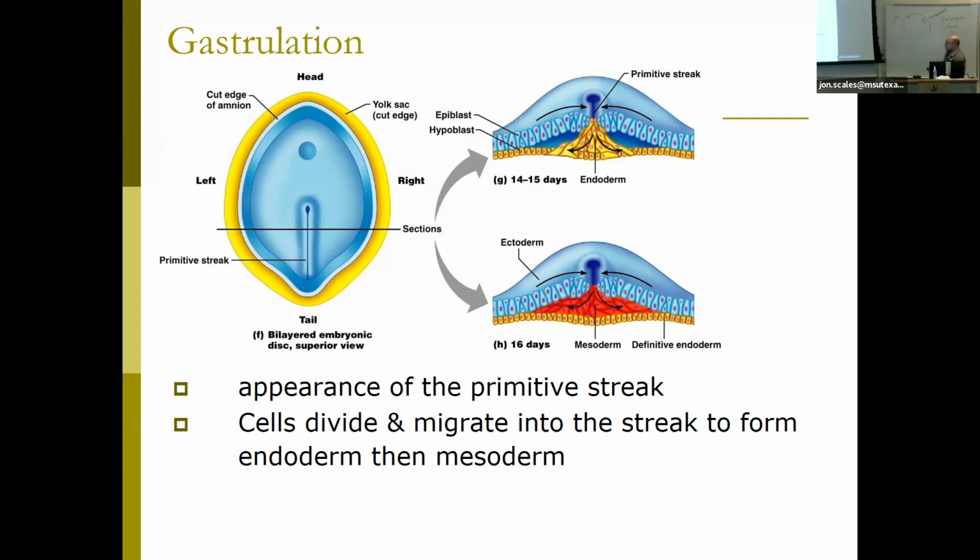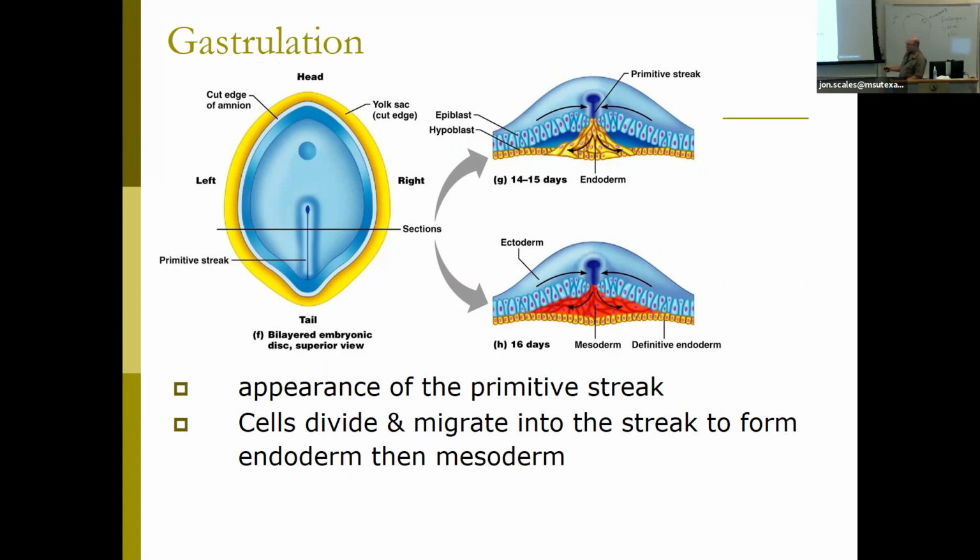The place where the cells begin to move in, and we can see this, is a place called the primitive streak. And the tip of it here actually starts towards the posterior end of the embryo and moves in an anterior direction.